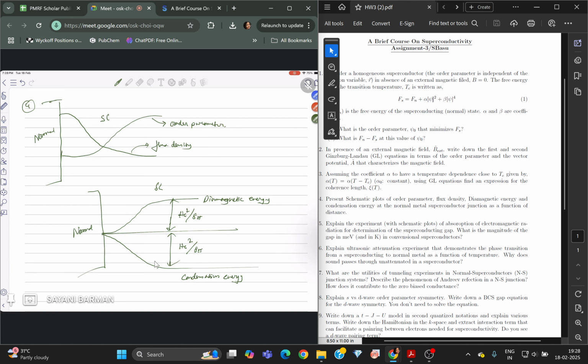Then the next one is: explain the experiment, with schematic plots of absorption of electromagnetic radiation for determination of the superconducting gap. What is the magnitude of the gap in millielectron volt and in Kelvin in conventional superconductors?